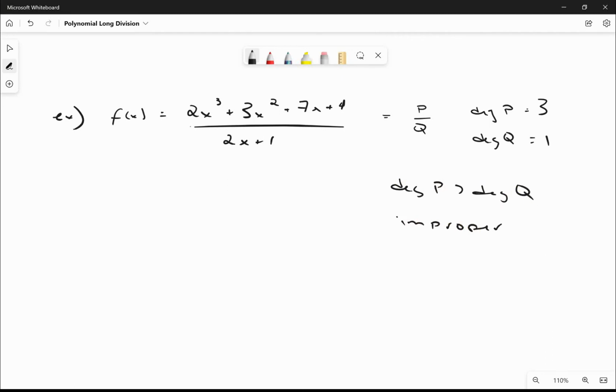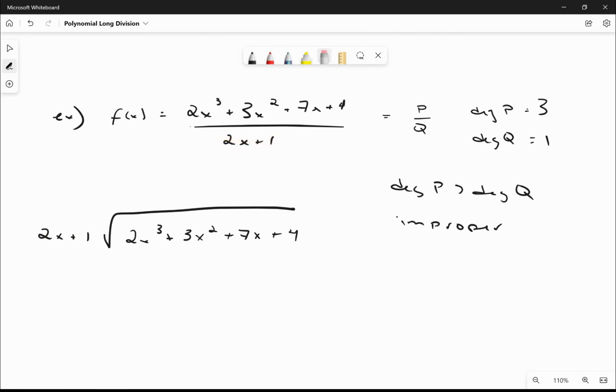Now, maybe you called it this in your algebra classes: in the case of long division, the numerator here is our dividend, which goes under the radical. And then the denominator is the divisor, so that goes over here.